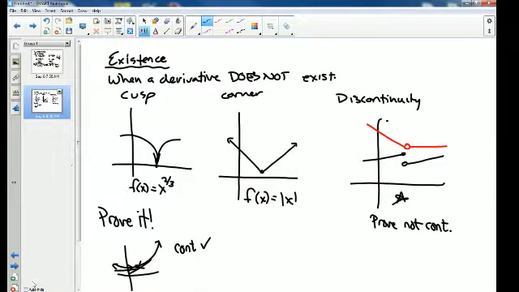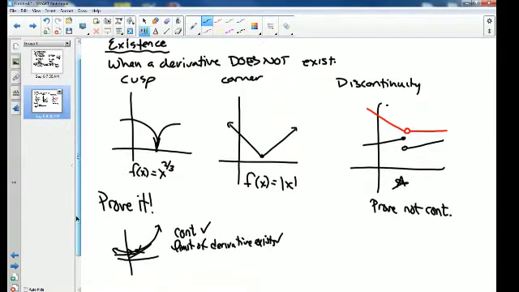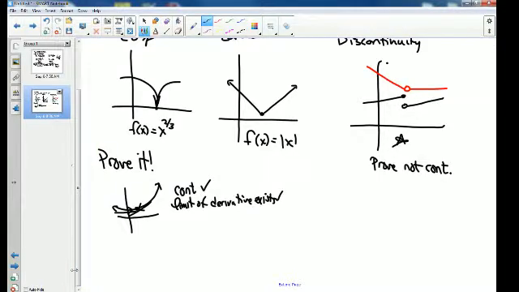How would we put that in calculus terms? The limit of the derivative exists. Okay, this is one way to prove that a function is differentiable or not differentiable.